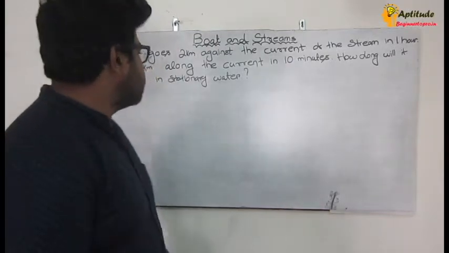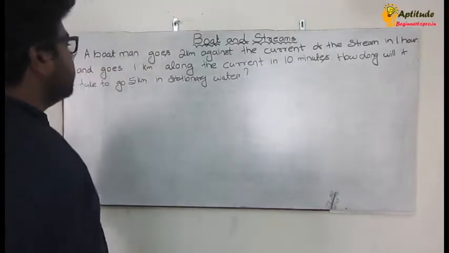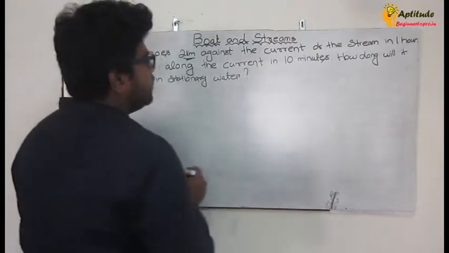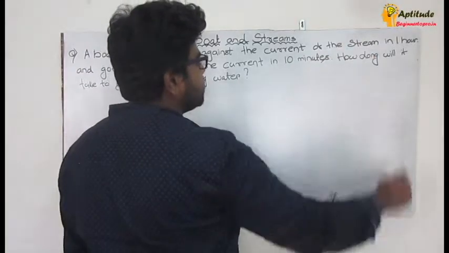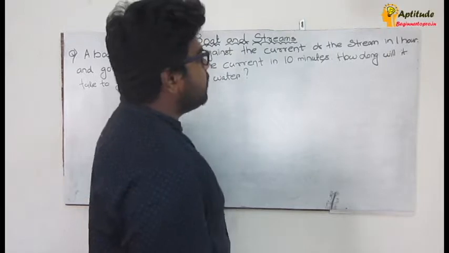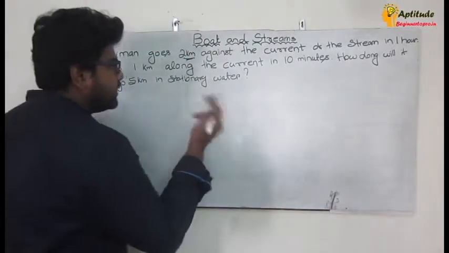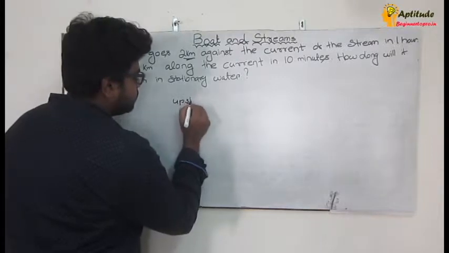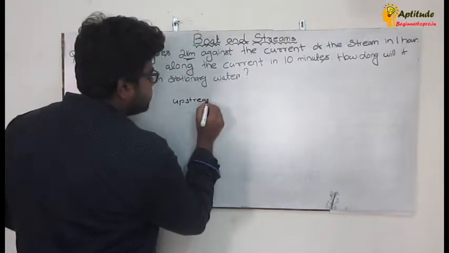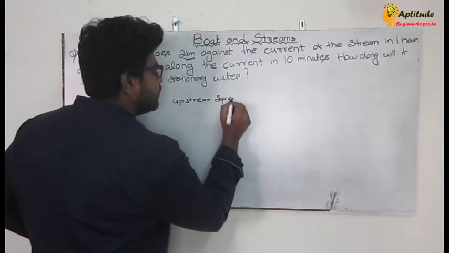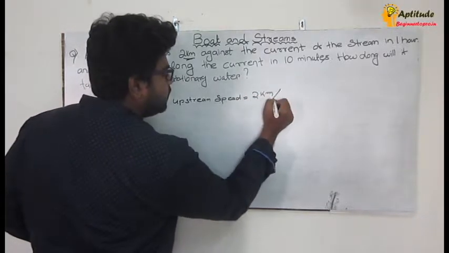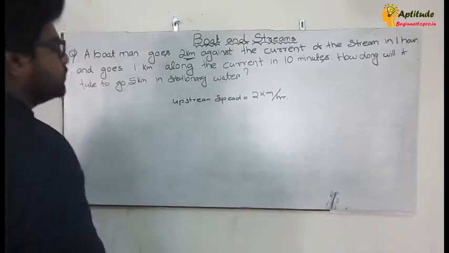So coming to the next question. The question says a boatman goes 2 kilometers against the current stream in 1 hour. That means against means upstream. Upstream speed is given as 2 kilometers per hour.